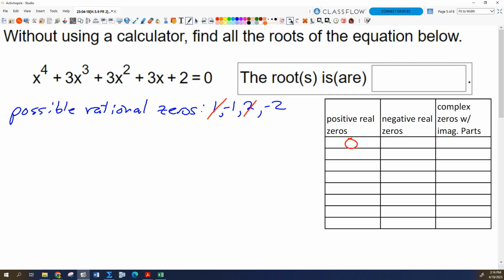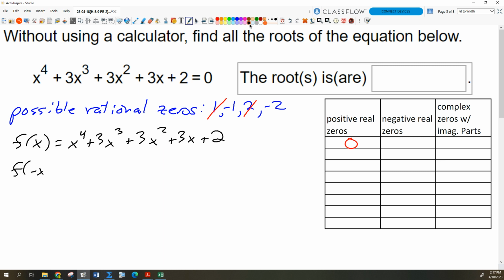Now, if we're calling this f of x, so I guess we did that, right? We said f of x was x to the fourth plus 3x cubed plus 3x squared plus 3x plus 2, then what's f of negative x going to be? You don't even have to really think about it because it's an even power of x.